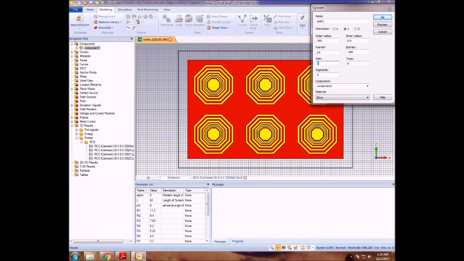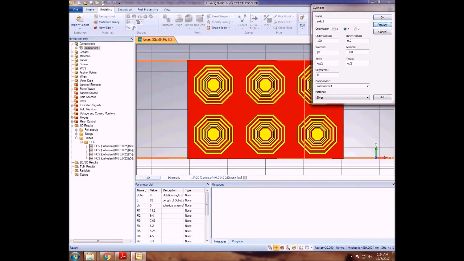Y minimum is minus width of the substrate, which is w by 2, and y maximum is w by 2. We can select any material because we will delete this cylinder afterwards. We will preview this.